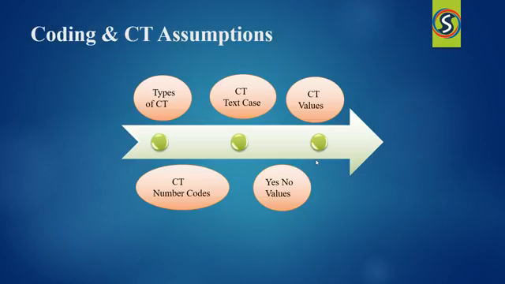Now let's discuss the coding and control terminology assumptions. Before moving to that, we need to understand the types of control terminology. Control terminology is represented in one of three ways. It can be a single asterisk when there is no specific control terminology available at the current time, but the SDS team expects that sponsors may have their own control terminology, and or the CDISC control terminology team may be developing control terminology.